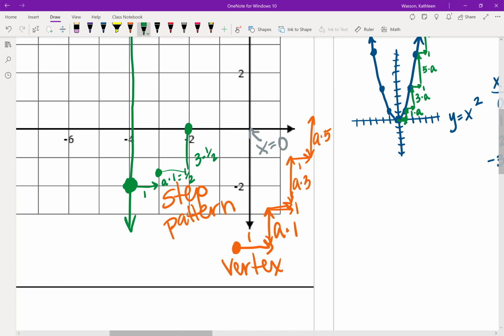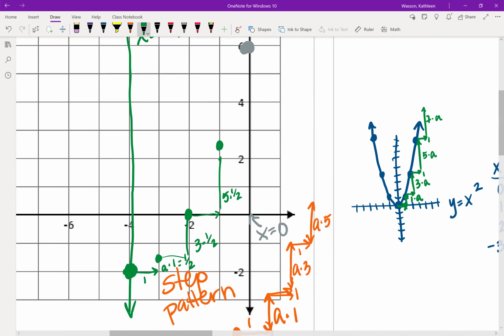So that's a point at -2, 0. And then I would go right 1, and I would go up, because A is positive, 5 times half. That's 2.5. Then I would go right 1, and I would go up 7 times half, which is 3.5.